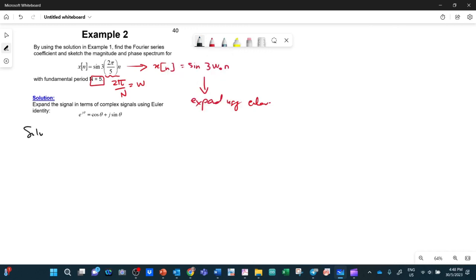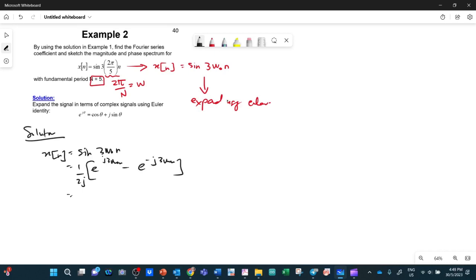Solution: you have x[n] equal to sine 3 omega n. Expand it using Euler. What do you get? You have 1 over 2j times e to the j 3 omega n minus e to the minus j 3 omega n.